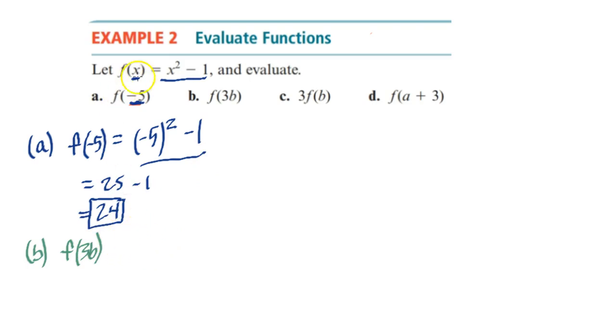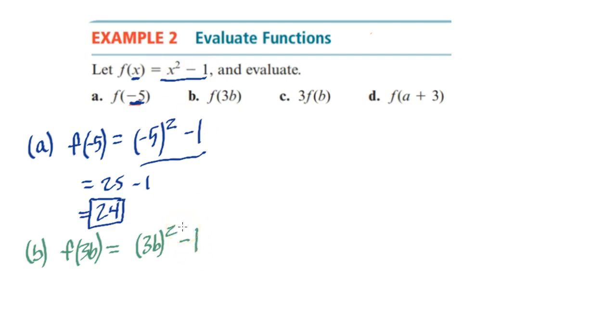Similarly, wherever we see x on the right side of the equation, we're going to put 3b. And again, put parentheses around whatever you're substituting. So instead of just 3b, we put parentheses 3b, and that's being squared, and then we're subtracting 1.